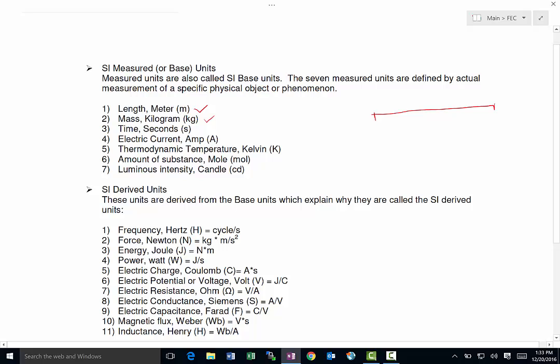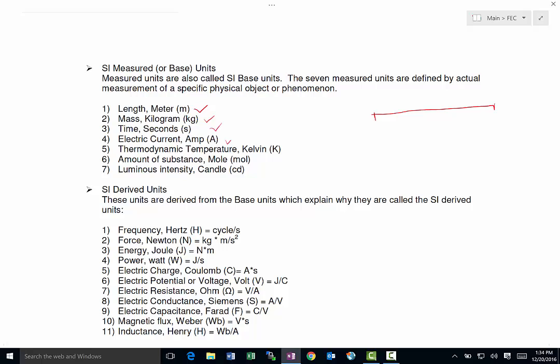The next one is time, in seconds. Again, time is what we have decided, and we have devices that now measure what a second is. You can say that's an arbitrarily selected amount of time. The amp is the same way, it's measured. The measurement is a little more complex, but the idea is that a certain amount of electrons moving at a certain rate was called 1 amp, based on the effect it can create in the world.